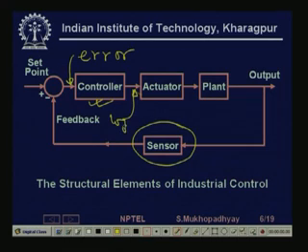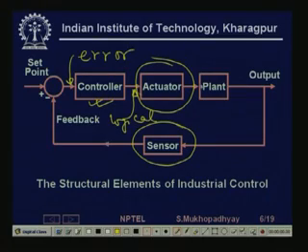Now the controller is basically a computing system, so its input is logical, it is not physical input. So before giving to the plant, if you want to change some process variable, you have to cause steam flow rate change, or some motion change, some valve position change, etc. So some physical change has to occur.